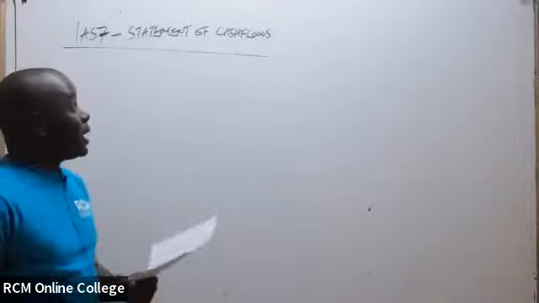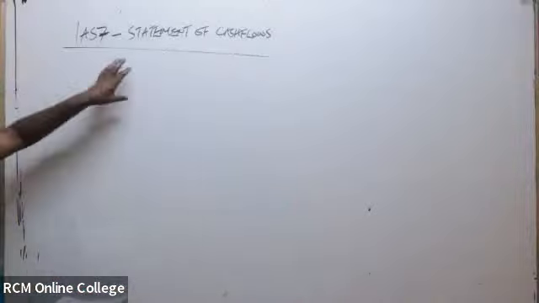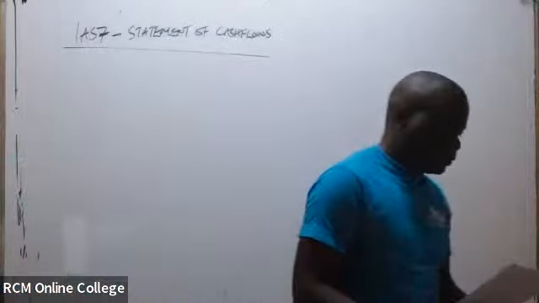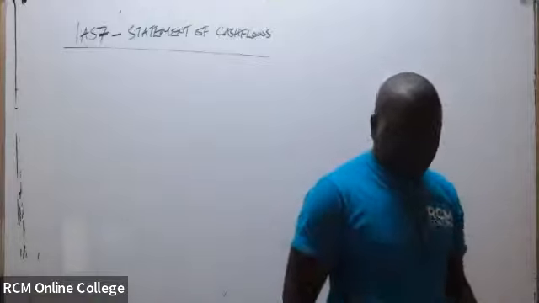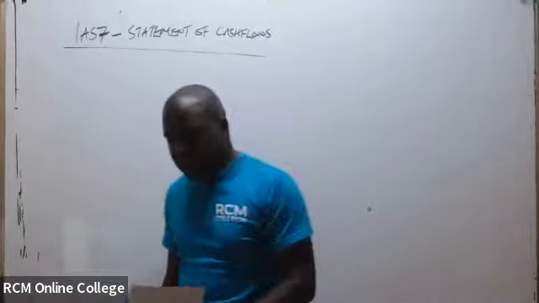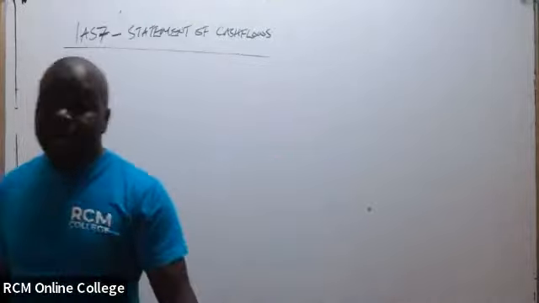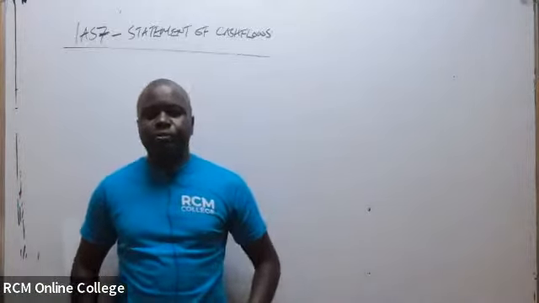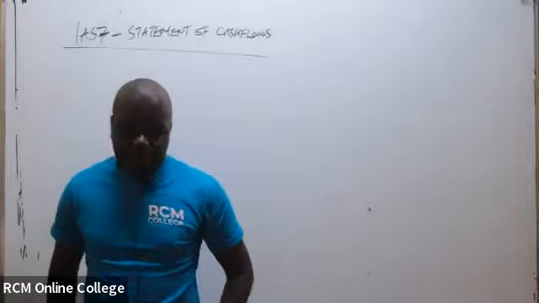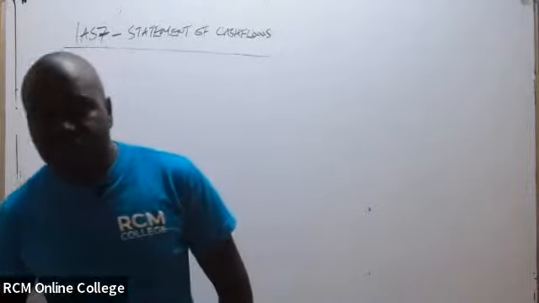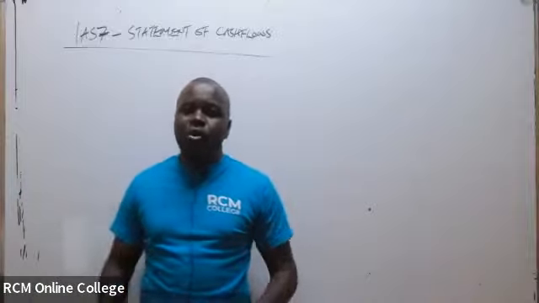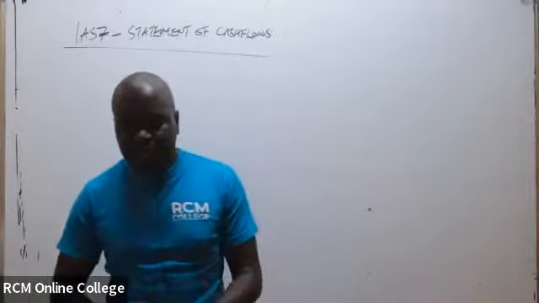But in this case, let's look at International Accounting Standard number 7, Statement of Cash Flows. So what is a statement of cash flow? Sometimes organizations are so much interested to know how their cash flows are behaving. Ideally here, we're looking at what are some of our sources of cash as a business, and of course, how are we spending this particular cash?